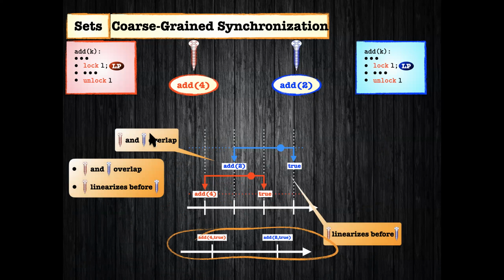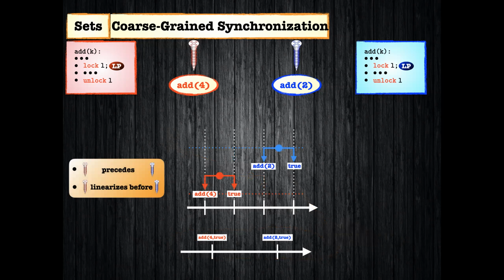So you see that the calls are overlapping, but the red one linearizes before the blue one, and this gives you this trace here. So what's interesting here is that the code decides for you at the linearization point, or not the code, I mean your linearization policy, which means that the policy that you use to define your linearization points decides the linearization points for you.